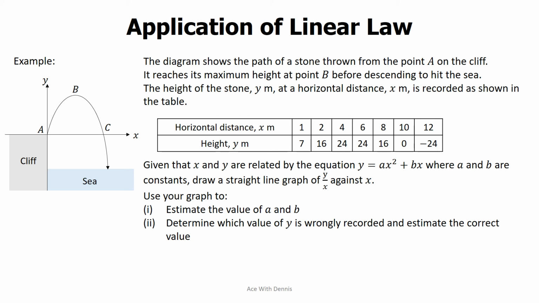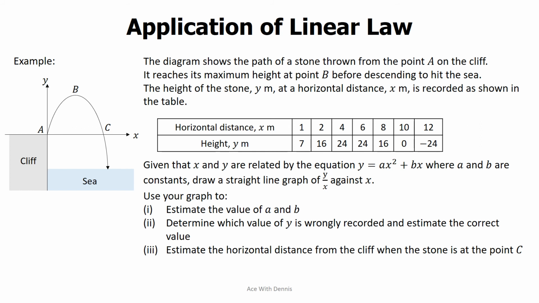Determine which value of y is wrongly recorded and estimate the correct value. Estimate the horizontal distance from the cliff when the stone is at point C. Estimate the maximum height attained by the stone.